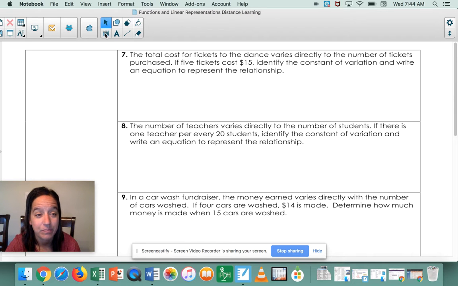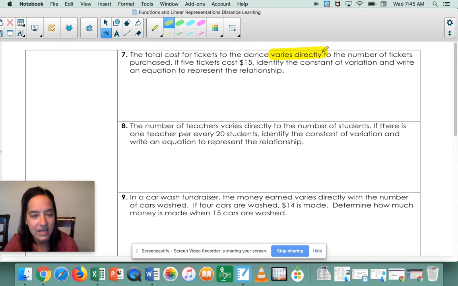So here we go. I'm going to grab my highlighter. The total cost for tickets to the dance varies directly to the number of tickets purchased. Bam, right there. Varies directly. That tells me this is a direct variation.